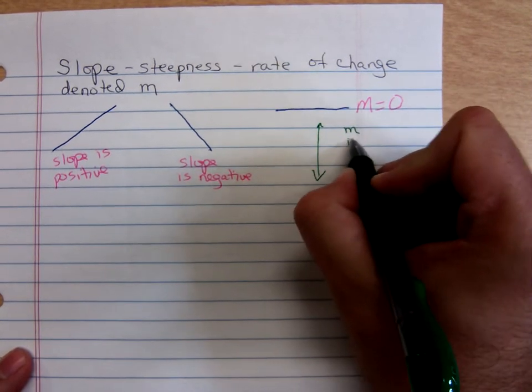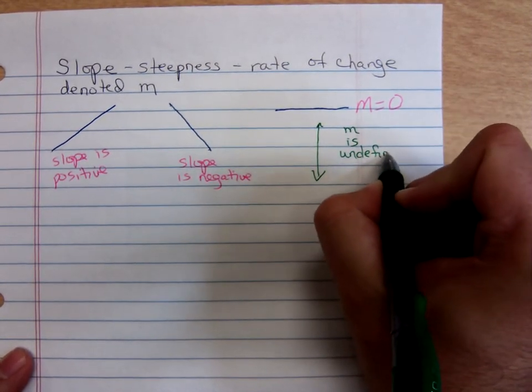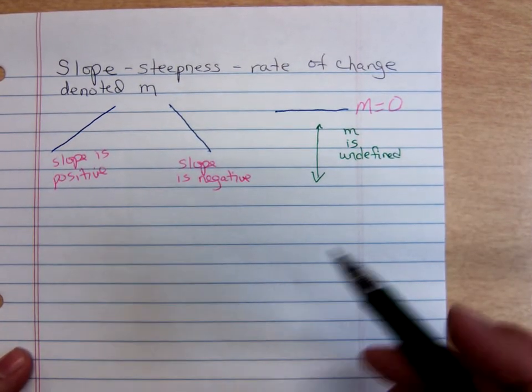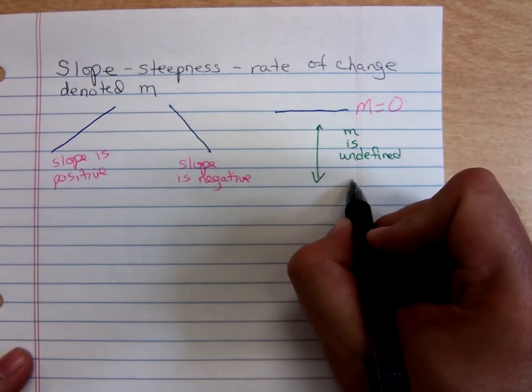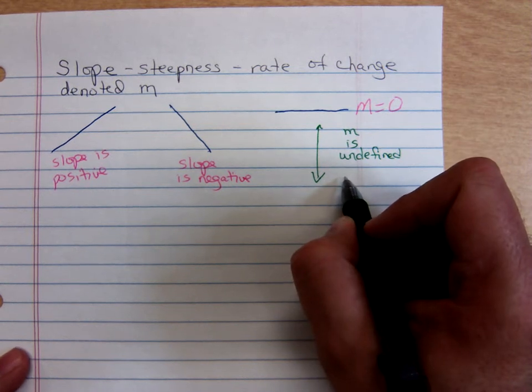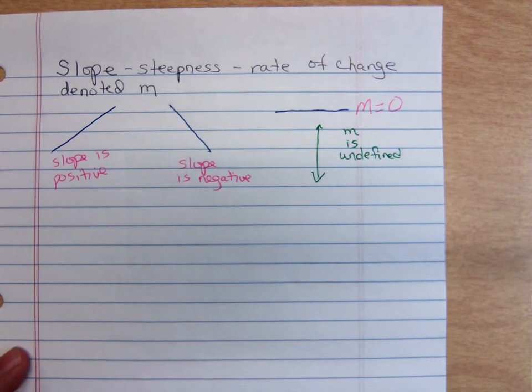It can't get any steeper than that. If we were going to say something other than undefined, you might say infinity, but what we usually say is just undefined. And I'll show why that is when I state the slope formula in a little bit.